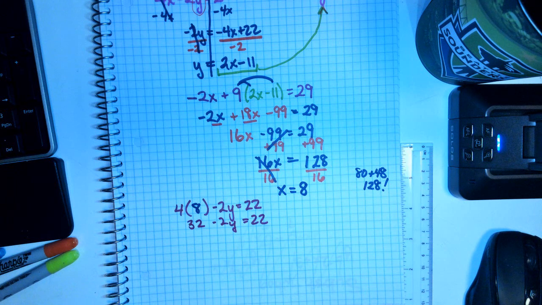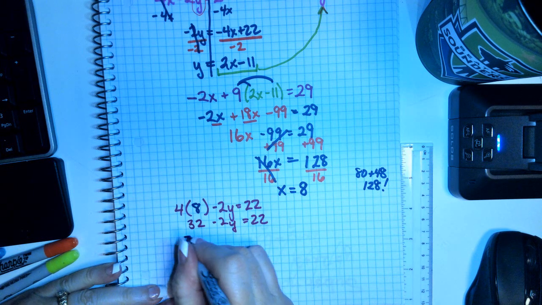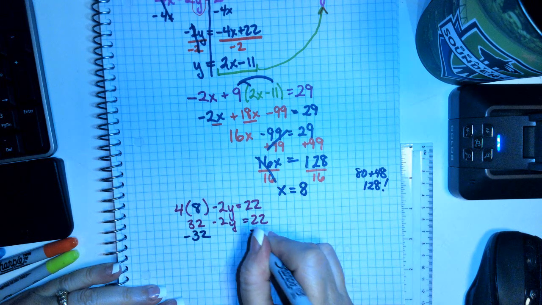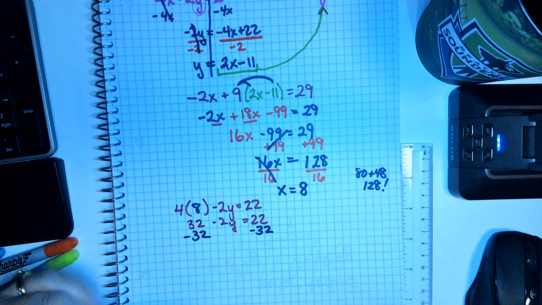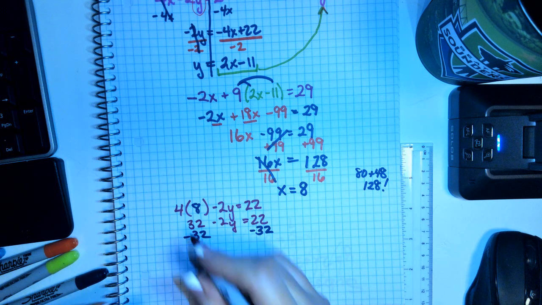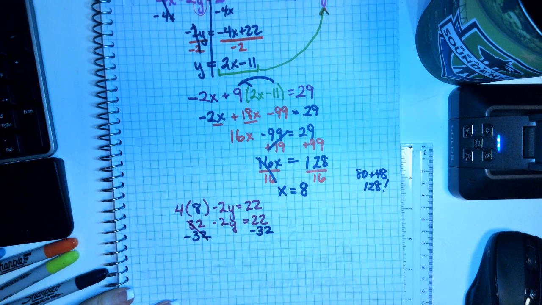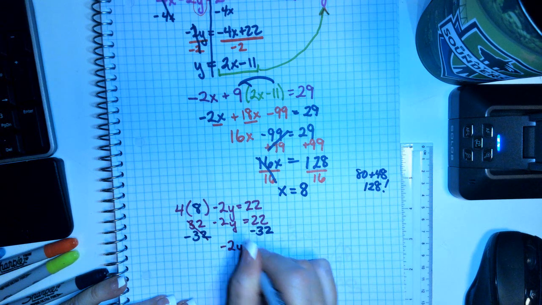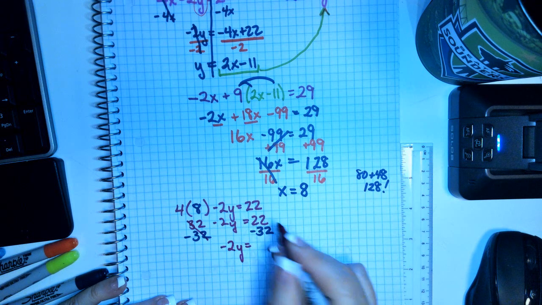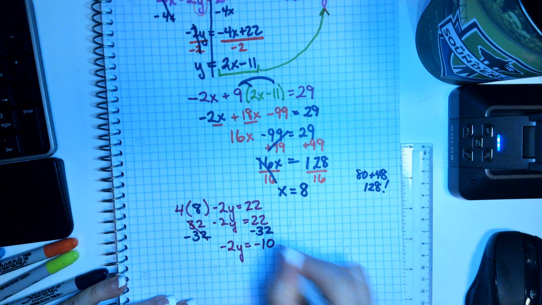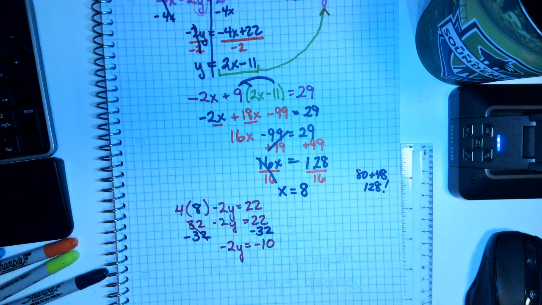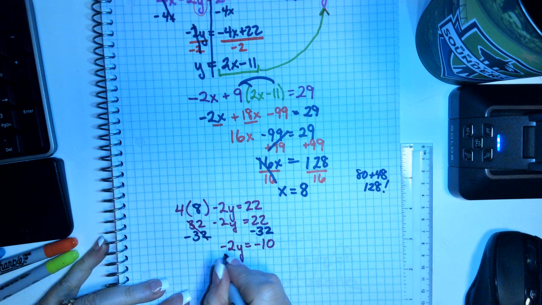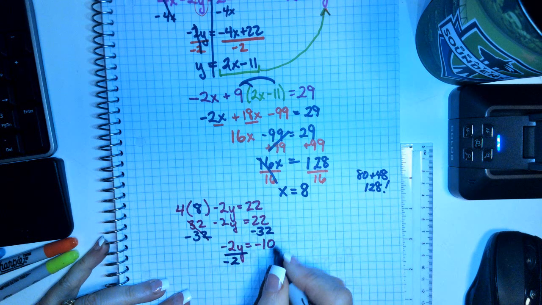Trying to get y all by itself, I'm going to subtract 32 from both sides. 32 minus 32, that's 0. So I have negative 2y equals 22 minus 32 is negative 10. Still trying to get y all by itself. I'm going to divide by 2.